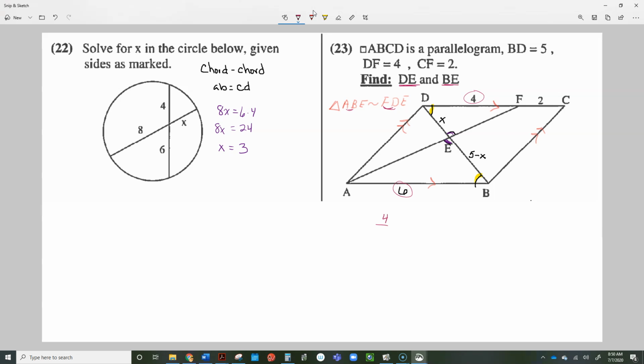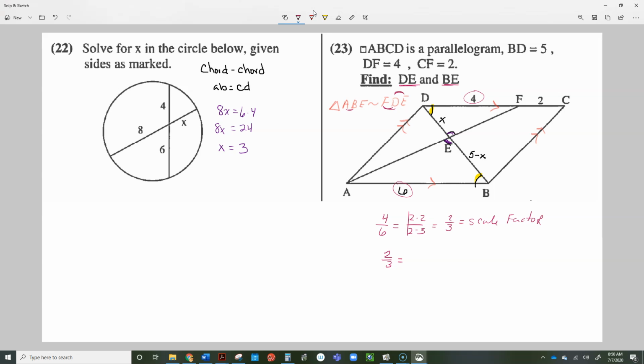So I can say 4 over 6 reduces down to, the 2's divide out, so 2/3 is my scale factor. Okay, so since 2/3 is my scale factor, this is going to be one of the ratios that I can use to solve the proportion, to solve the missing side.